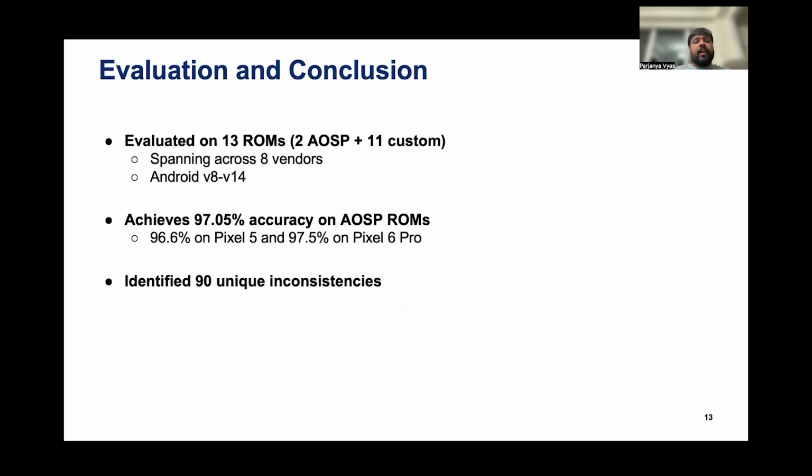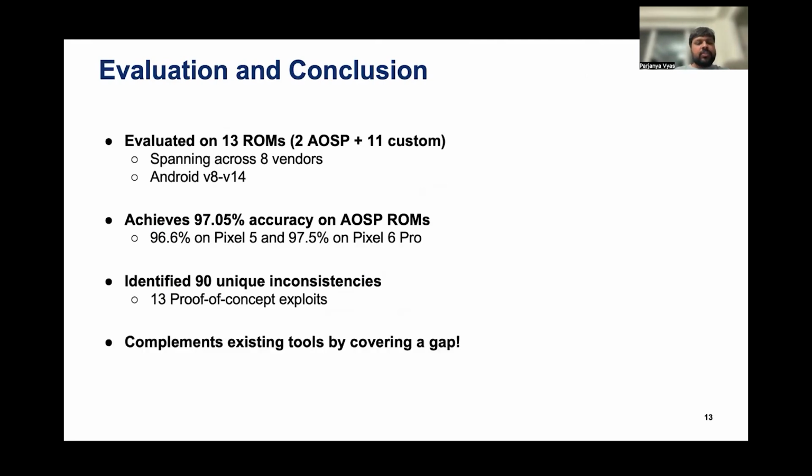We also identify 90 unique inconsistencies, out of which we build 13 proof of concept exploits, for most of which we actually received an acknowledgement. And the thing that we want to emphasize here is we don't advertise Ariadne as a one-stop solution to all your access control problems. It exists to cover a specific gap that was left by a lot of different previous works.